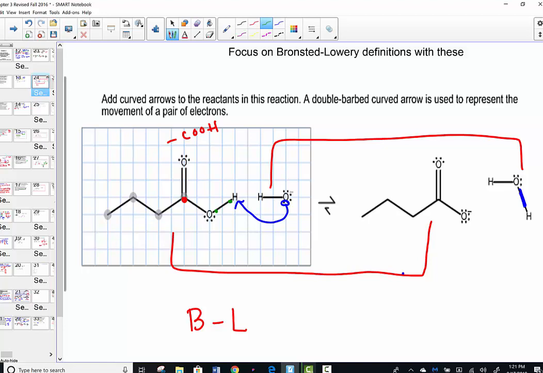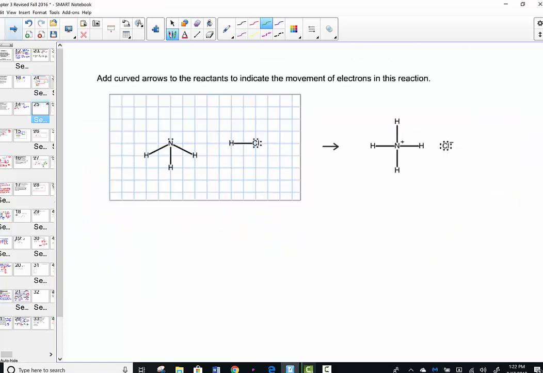These electrons that were originally in a bond collapse back onto the oxygen, creating 3 sets of dots and a -1 charge to represent its formal charge. 2 sets of arrows for this particular Bronsted-Lowry reaction. An acid formed its conjugate base. The base formed its conjugate acid. We have pairs of products, so I know it's a Bronsted-Lowry acid-base reaction.